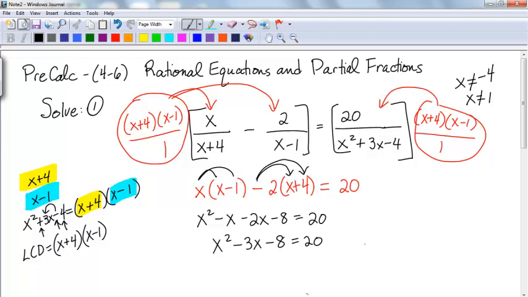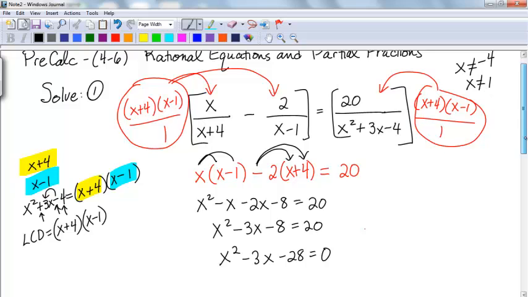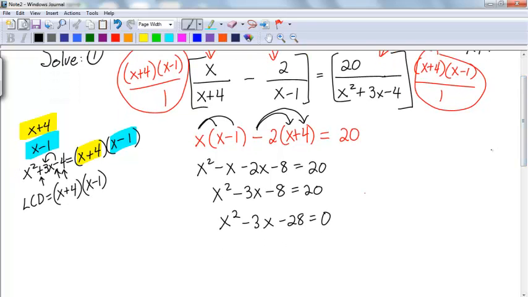Get it in standard form equal to 0. Subtract 20 on both sides. X squared minus 3x, if you subtract 20, we'd get minus 28 equals 0. You always want to get quadratics in standard form equal to 0. Then is that factorable? Two numbers that multiply together to give you 28 and differ by 3? Yeah.